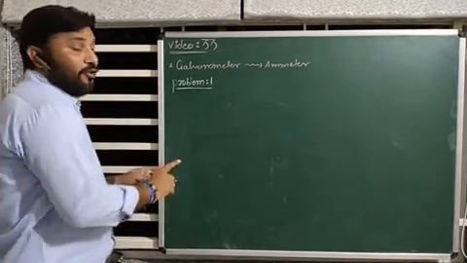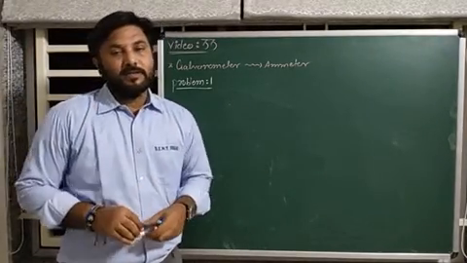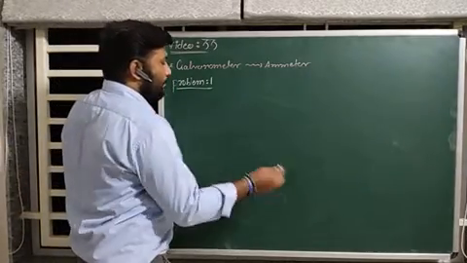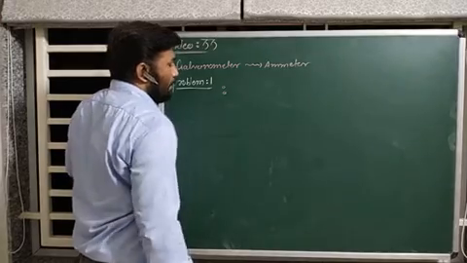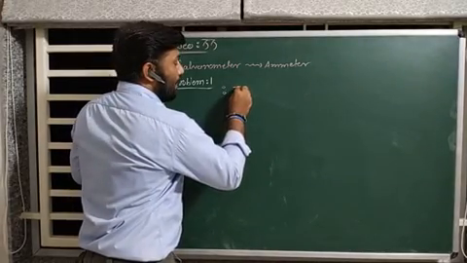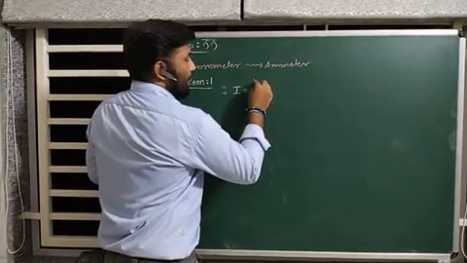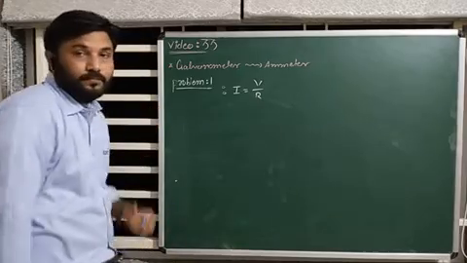While using a galvanometer as a current measuring device, what is problem number 1? What is the value of electric current I? I is equal to V by R according to Ohm's law.